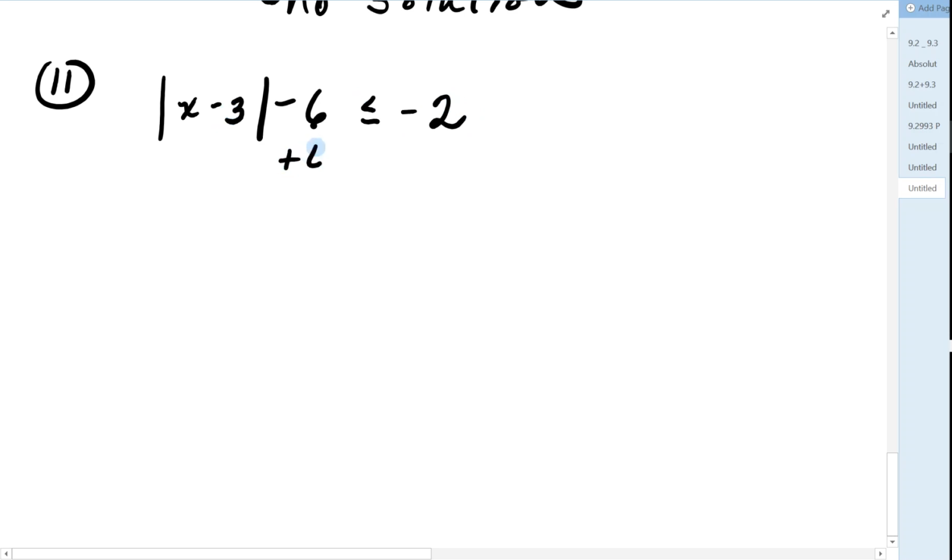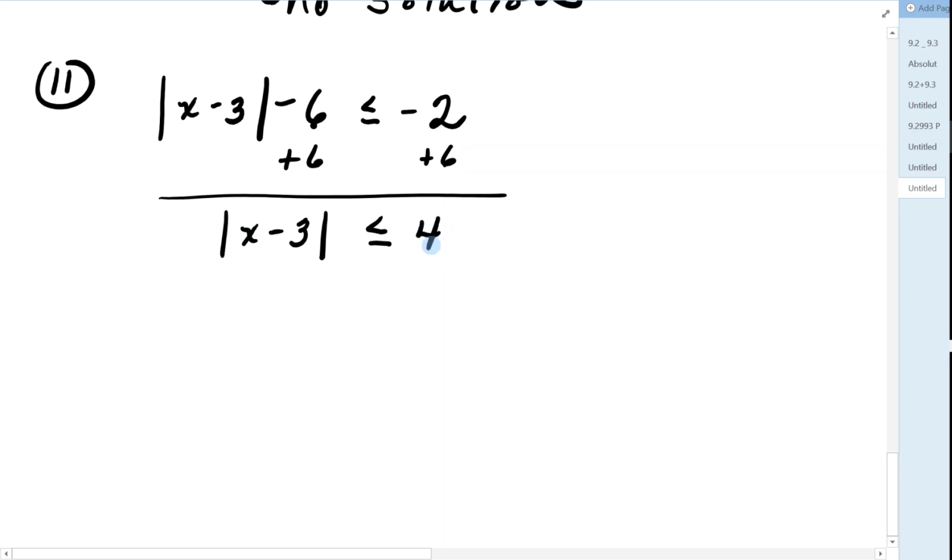So I need to add 6 to both sides before I think any further. I have an absolute value of x minus 3, close, is less than or equal to 4. Now I can work on the problem, and I know that whatever this quantity is, it is between negative 4 and positive 4. So negative 4 is less than or equal to x minus 3, less than or equal to 4.